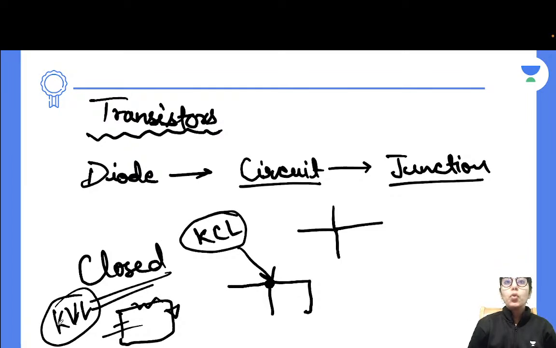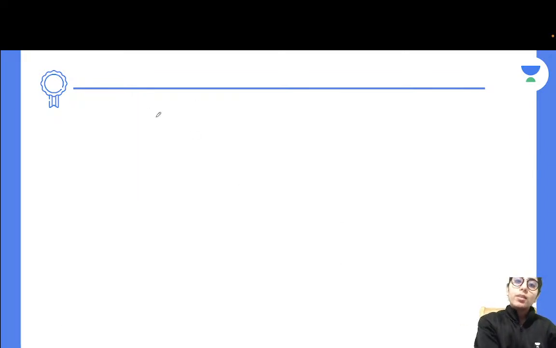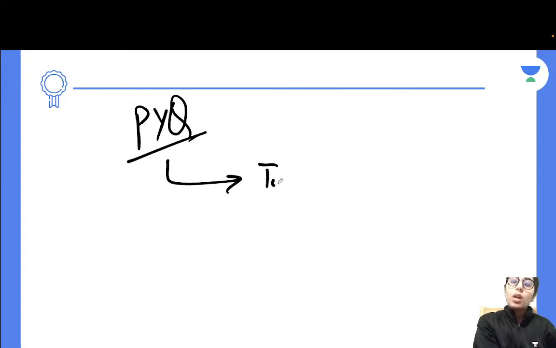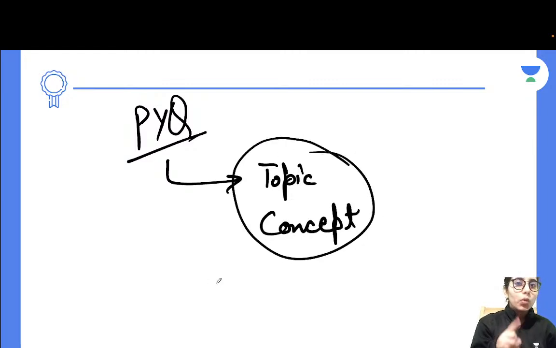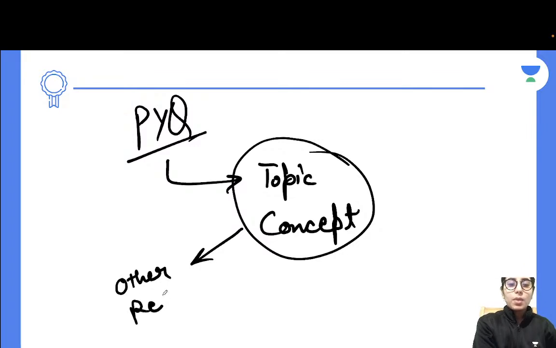But as I always say, don't just focus on what has been asked in previous years. Let's say in the previous year question papers you found a particular concept from a topic based on which the question has been asked. Now, how do you have to prepare? You have to see what the other related topics are, the surrounding topics.